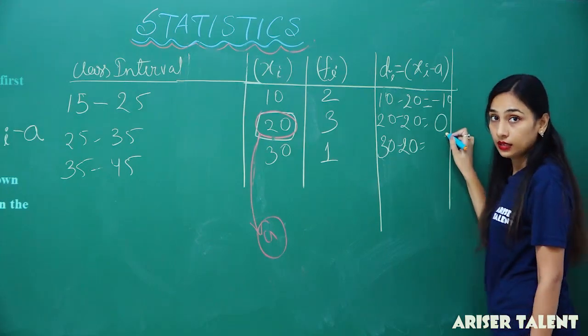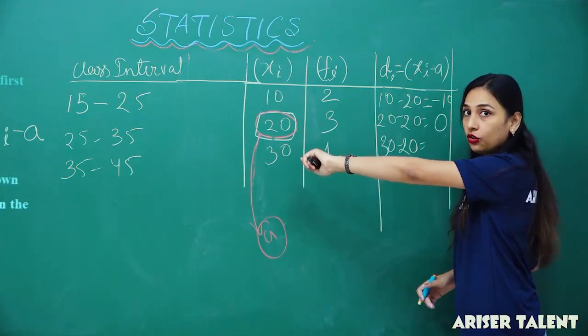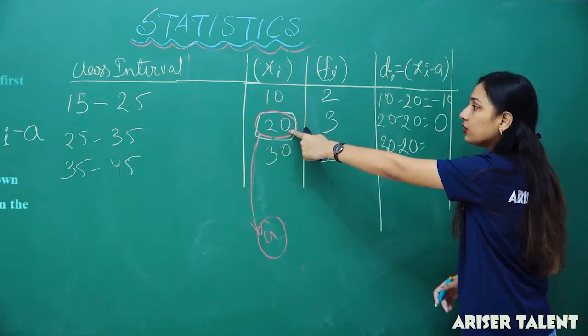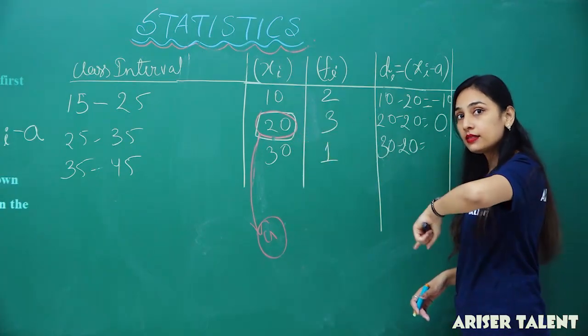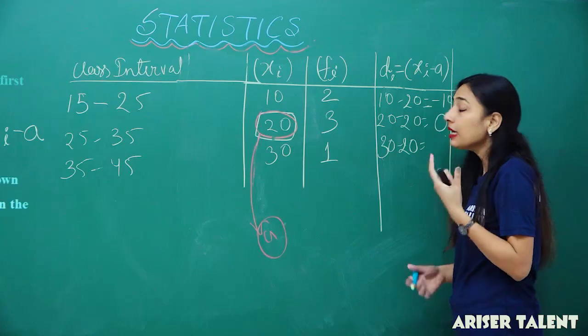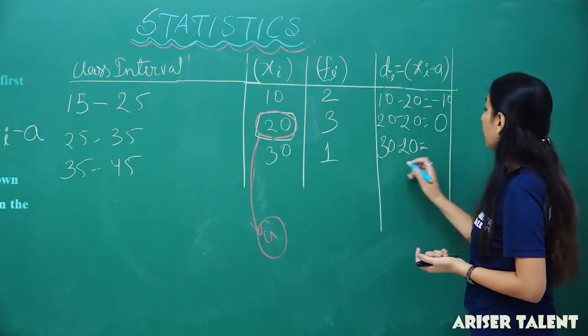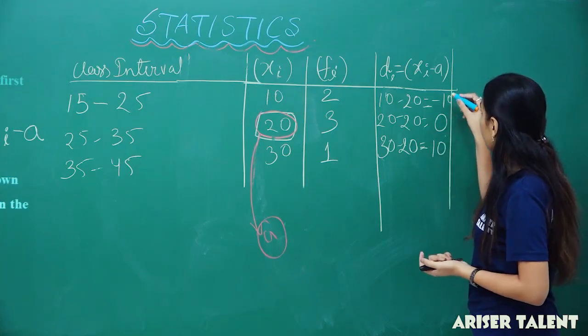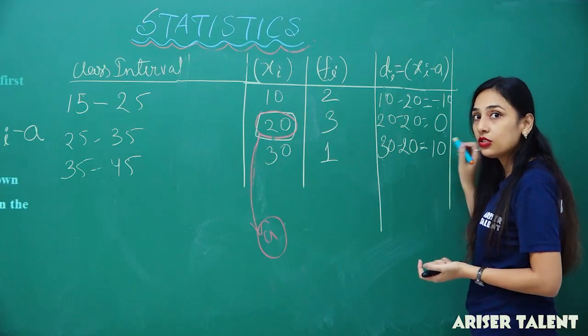Concentrate on this: the value corresponding to A will always be 0, because where the value of xi is the same as A, xi minus A will for sure be 0. So the central value will be 0, and that will be 10 here. So my values are minus 10, 0 and 10.